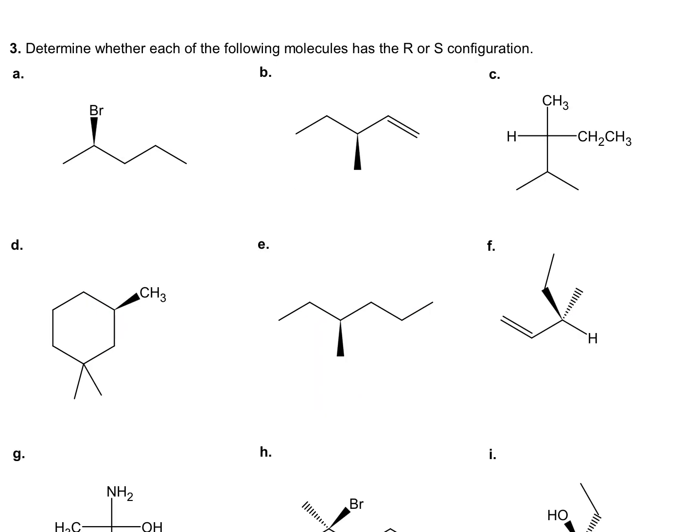All right, for problem number 3, we are going to determine whether each of these chiral centers is R or S. So while we're doing this, I'm going to go over a few things that maybe you didn't pick up on while you filled out the workbook, just to make sure that we answer all those questions that seem to be common. So for letter A, remember that to determine the chirality of each chiral center, we need to look at the atomic number of the atoms.